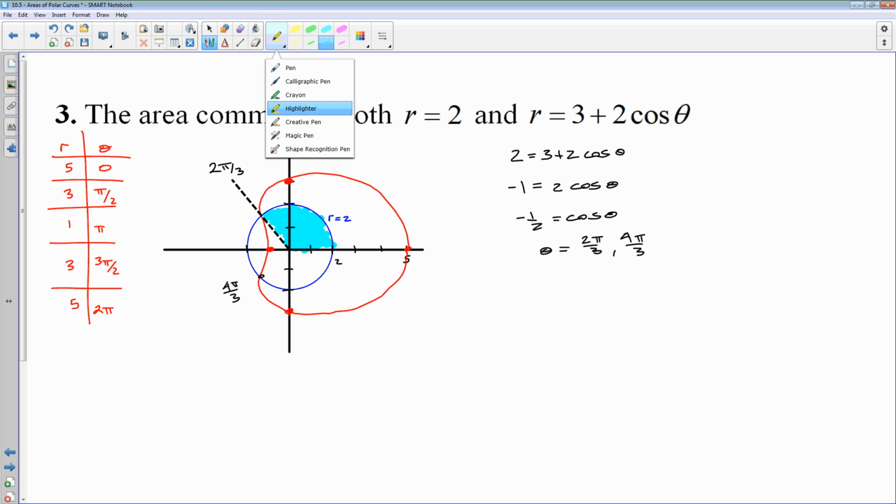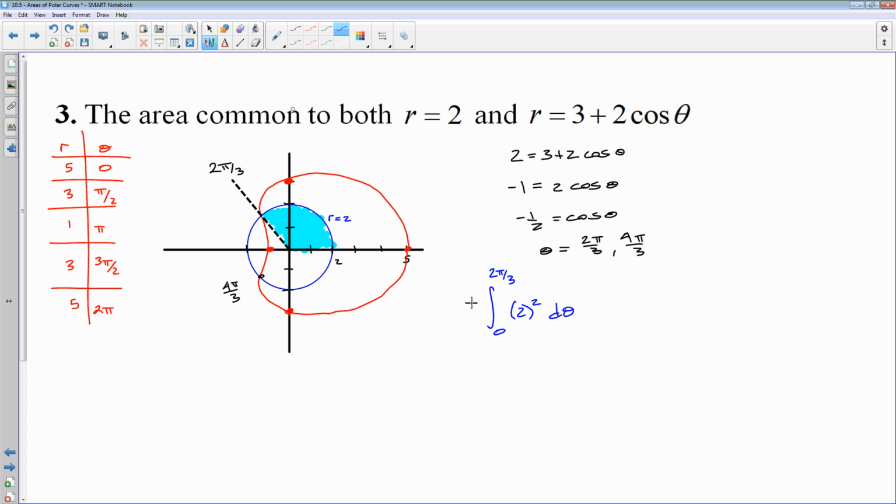That area is the area from 0 all the way up to 2 pi over 3 under the function r equals 2. So that would be r squared d theta, and don't forget it's 1/2 that.